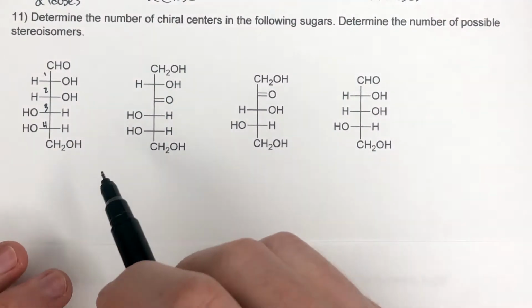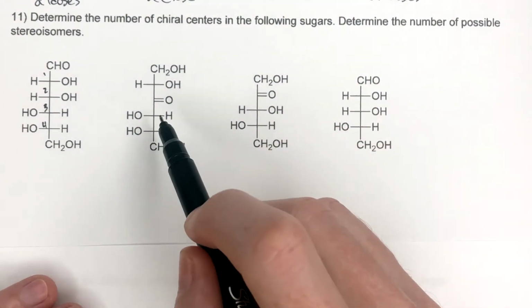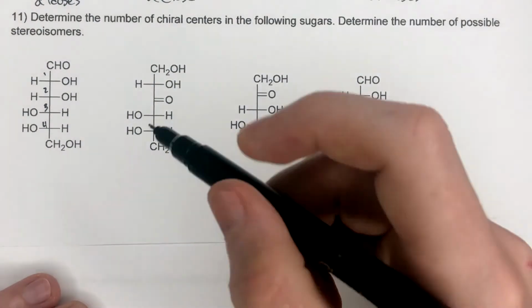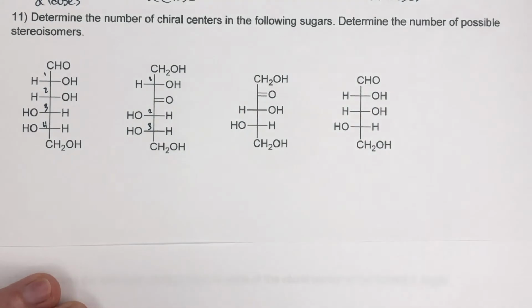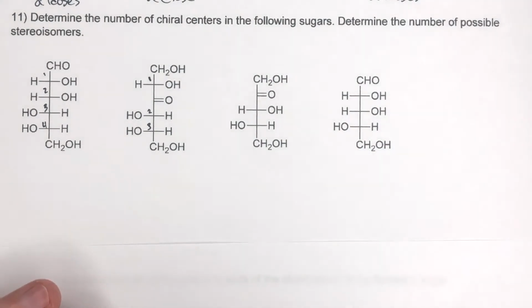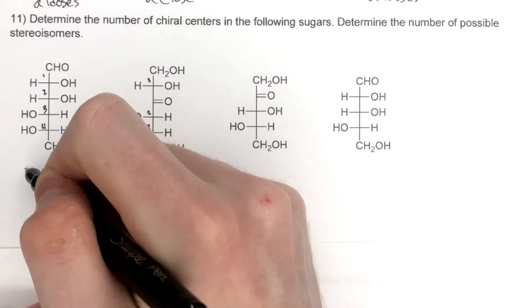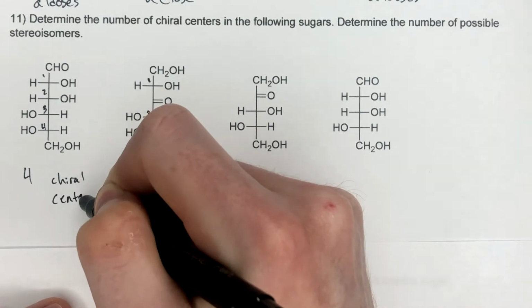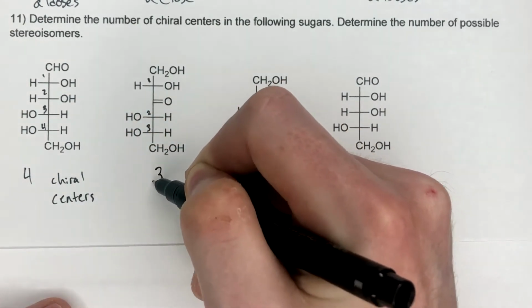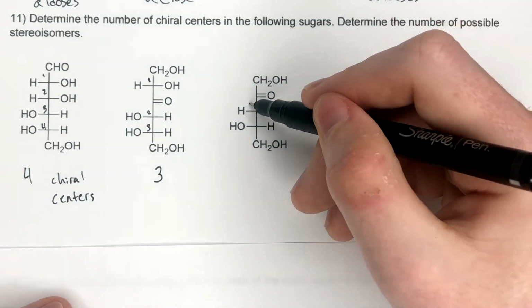So the reason this doesn't work for the second one now is because you have a ketone in the middle, so you cannot count that one as chiral because it only has 3 different groups because the carbonyl takes up 2 spots, basically 2 of those bonds. So this is 4 chiral centers. This one has 3. Moving on to this one, it only has 2.